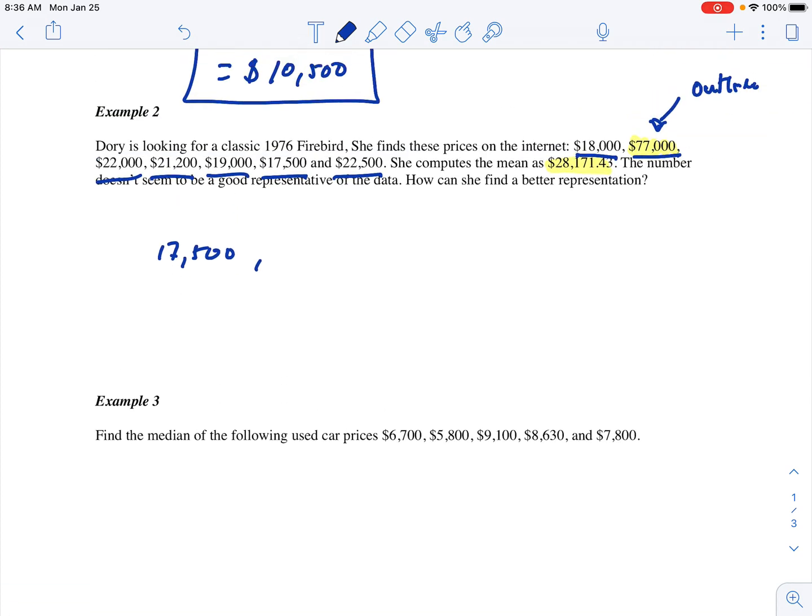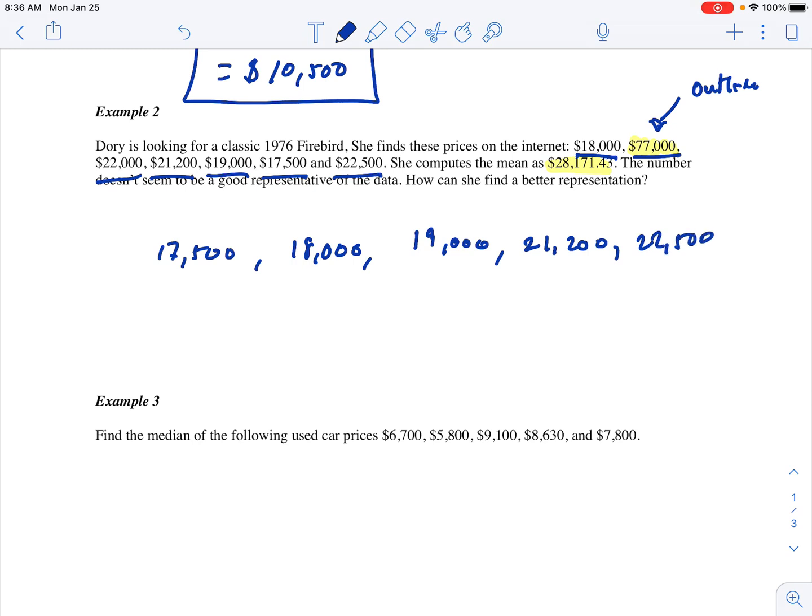Okay, so 17,500. The next one's 18,000. The next one would be 19,000. The next one would be 21,200. The next one's 22,500.